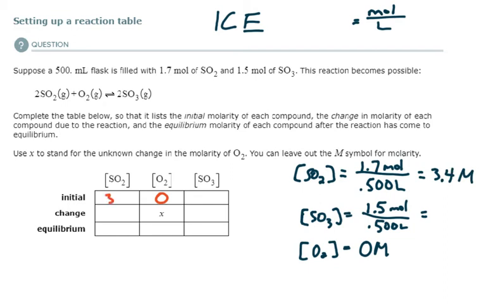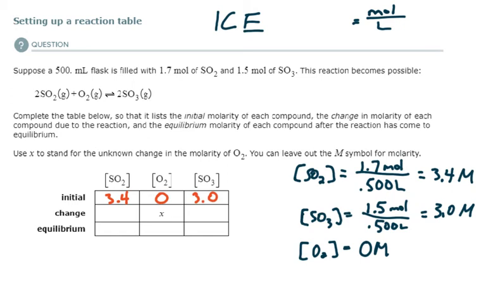And the initial concentration of SO3, 1.5 divided by 0.5, that's 3. Okay? So what we have just found are our initial concentrations: the initial concentration of this, this, and this.